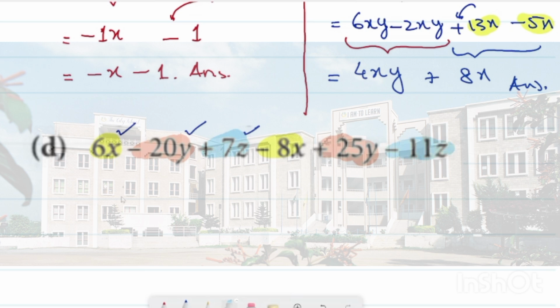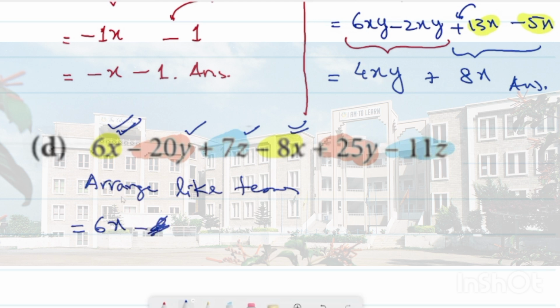So now we'll be arranging the like terms. Arrange again like terms. So the like term of 6x is negative 8x. So we are writing negative 8x. And then plus negative 20y, it's a y term.